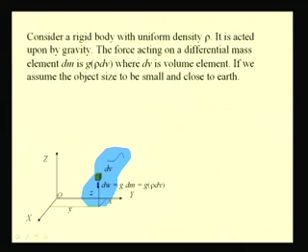The resultant W is equal to summing up all these differential weights over the volume V of this object, which is the integral over the volume of g rho dV. This expression gives the resultant of all these differential weights.